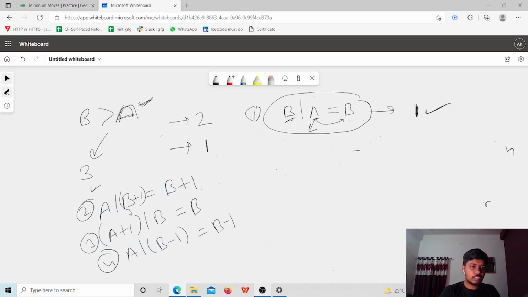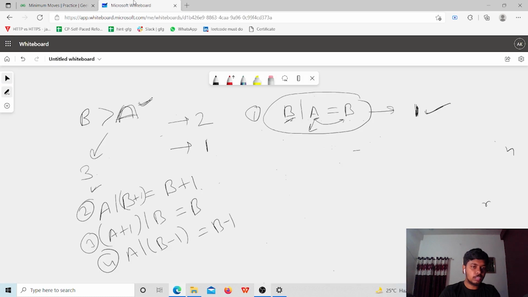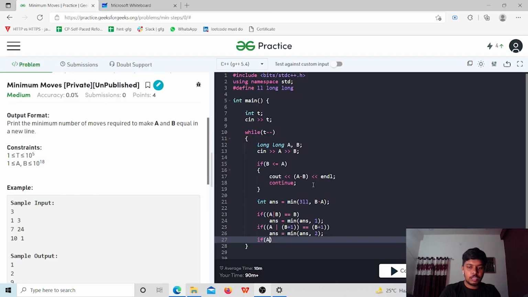If this condition is followed, then the answer will be 2, right? And the next is this condition. If a, what was the condition? A plus 1 OR b, right? A plus 1 OR b is equal to b, right?